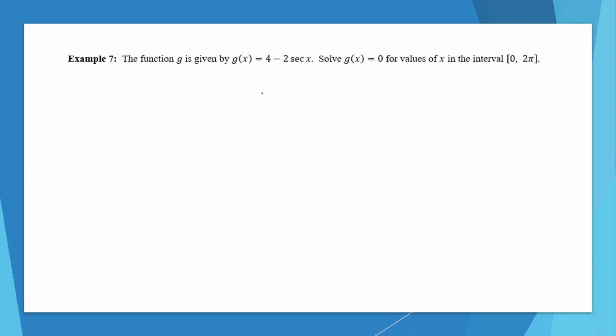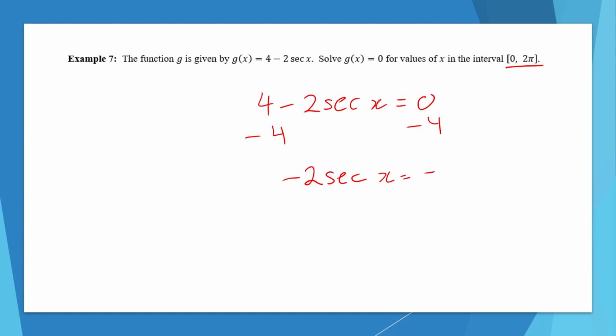Example number 7, we have 4 minus 2 secant x equals 0, and we want to solve from 0 to 2 pi. So I'm going to subtract 4 from both sides. -2 secant x equals -4, and then divide both sides by -2 to get secant x equals +2. Once we have this, remember this is +2/1, just to get it into a fraction.